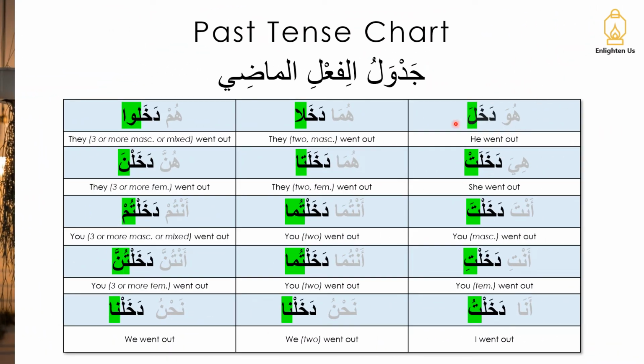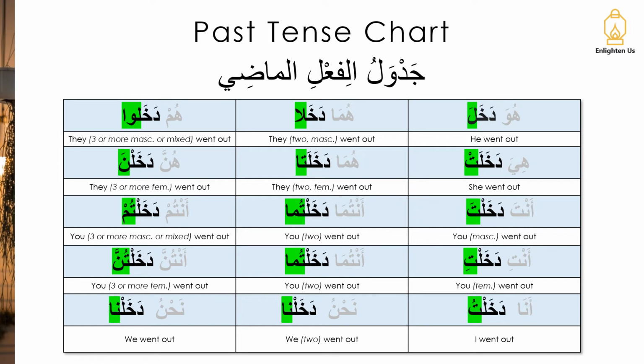So we have huwa dakhala, huma dakhala, hum dakhalu, hiya dakhalat, huma dakhalata, hunna dakhalna, anta dakhalta, antuma dakhaltuma, antum dakhaltum, anti dakhalti, antuma dakhaltuma, antunna dakhaltunna, ana dakhaltu, nahnu dakhalna.